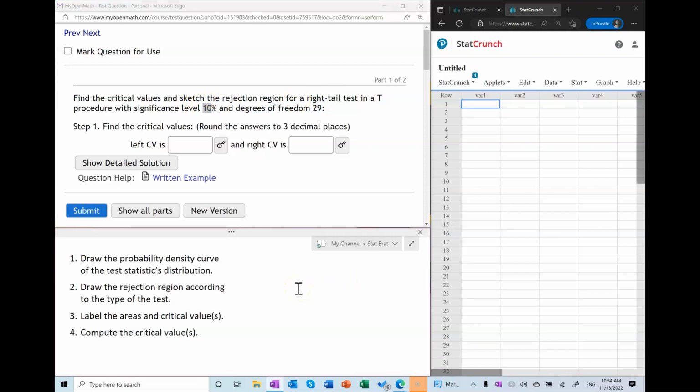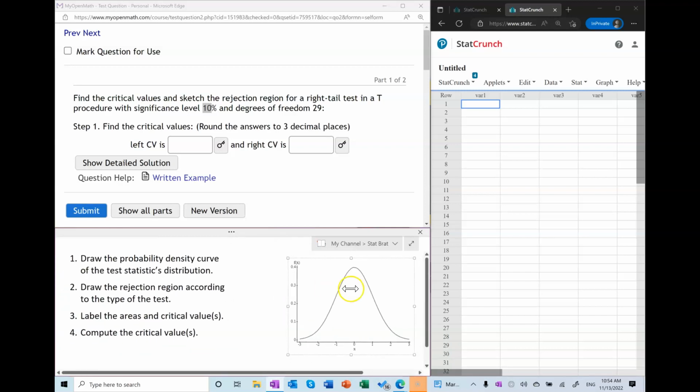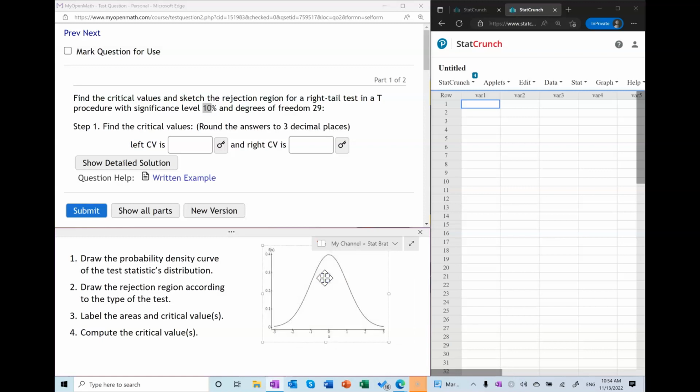I'm going to use some generic t-curve, and t-curves look a lot like z-curves, so it doesn't matter what curve you sketch to draw out the diagram, as long as it's some positive curve above the x-axis. And let's get started. So we have a right tail test, so I'm going to draw the rejection region to the right, so my rejection region will be to the right of the critical value.